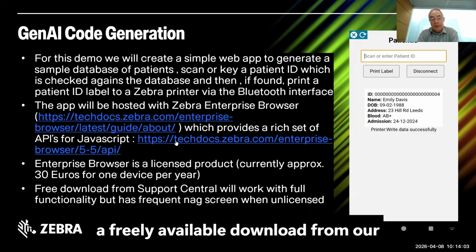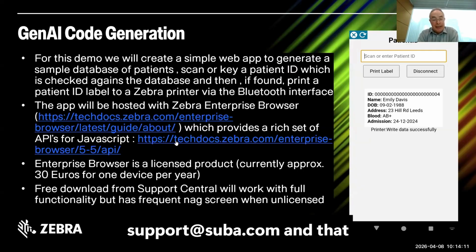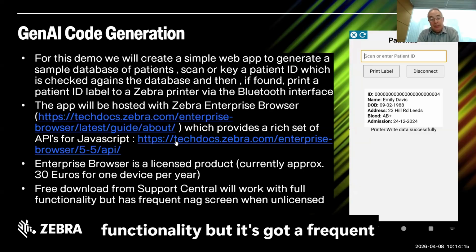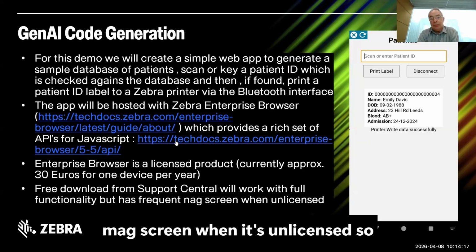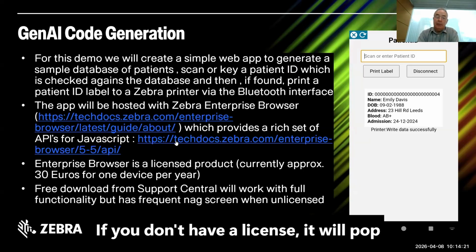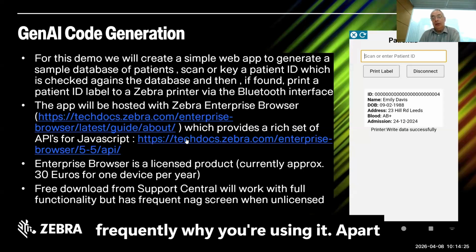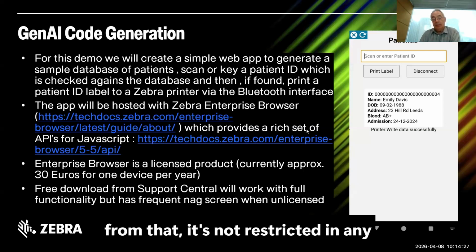It's a freely available download from our Support Central, which is support.zebra.com. That will work with full functionality, but it's got a frequent nag screen when it's unlicensed. So if you don't have a license, it will pop up a screen to tell you that frequently while you're using it. Apart from that, it's not restricted in any way.